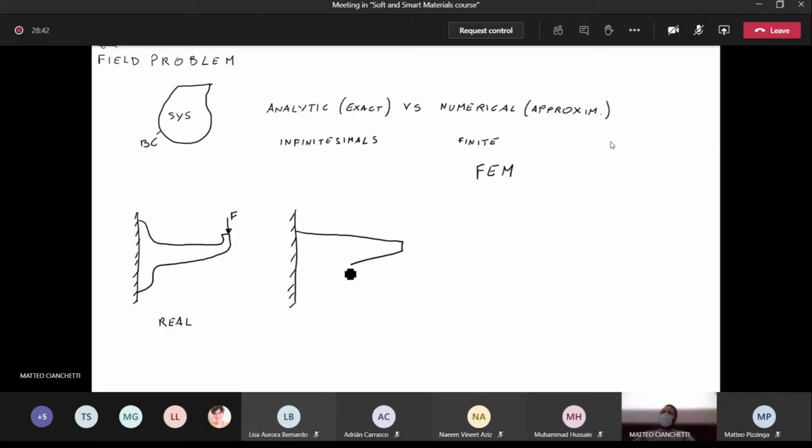So, to approach the problem with the analytical method, of course, the degree of simplification should be quite high, but maybe, again, you can maintain the validity of your method if the main features are maintained. So, you can approach the problem like this, so with a mathematical model.